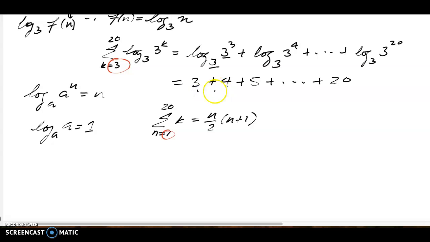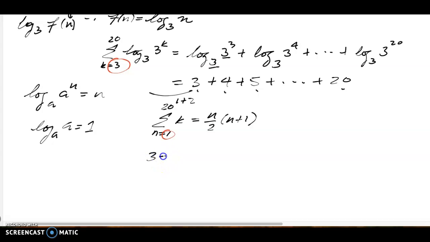Well, notice the pattern. It's 3, 4, 5, all the way up to 20. You can wager a good guess what that is. It's 1 plus 2, right? Because that's what k is, right? So then that's got to be the following.